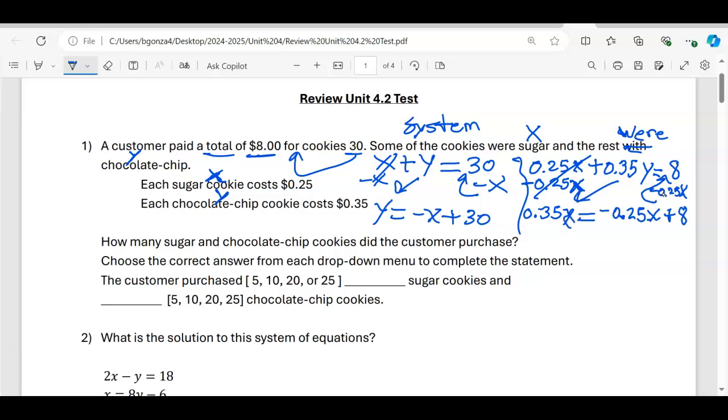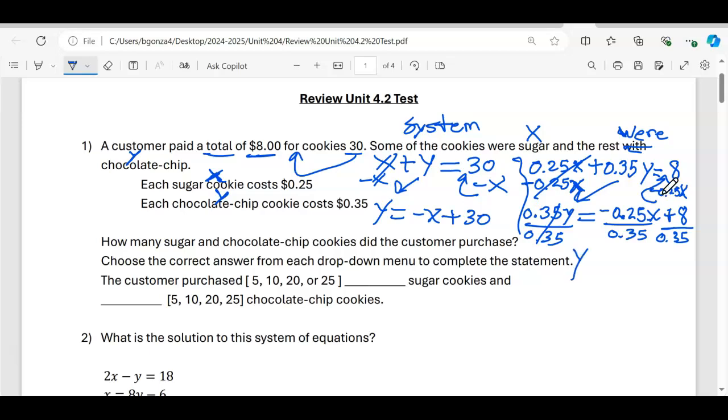And then our last step to get y by itself. We need to get rid of the 0.35, so we're going to divide by 0.35 on both sides. All right.